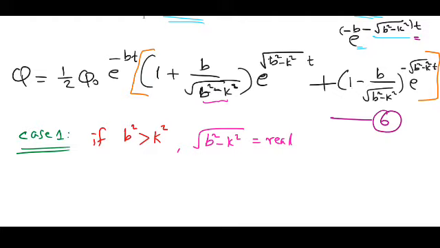By substituting certain values of b and k you will get an equation of q, and the same thing we did in the previous lecture for the growth of the charge in the LCR circuit, and we plotted the graph.